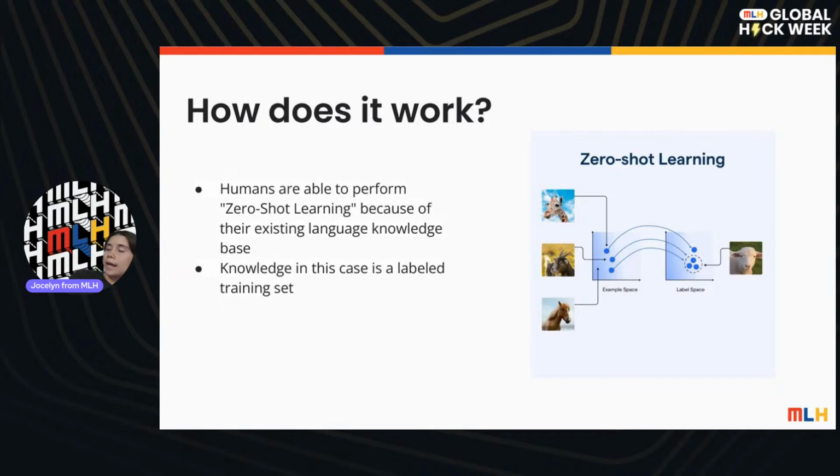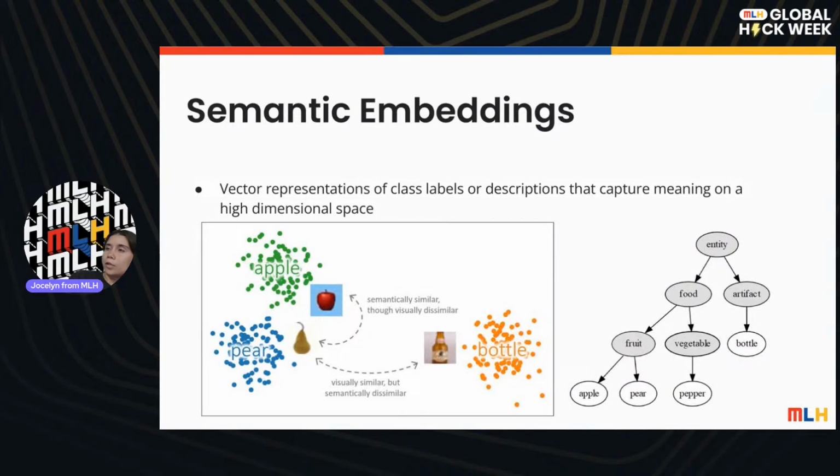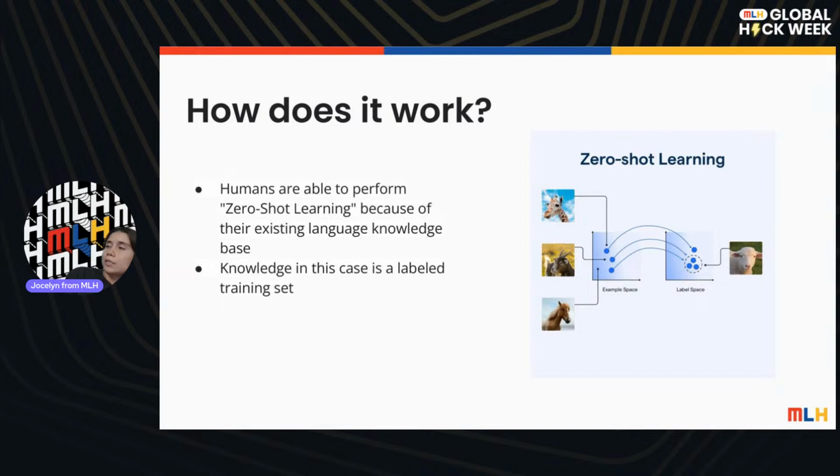So here's a nice graphic example of how this works. In our model, we have a giraffe in here, then I think we have a goat, and then we also have a horse in here. When we see a new animal, which is a sheep, we can place the sheep somewhere in here because it's not highly related to a giraffe.